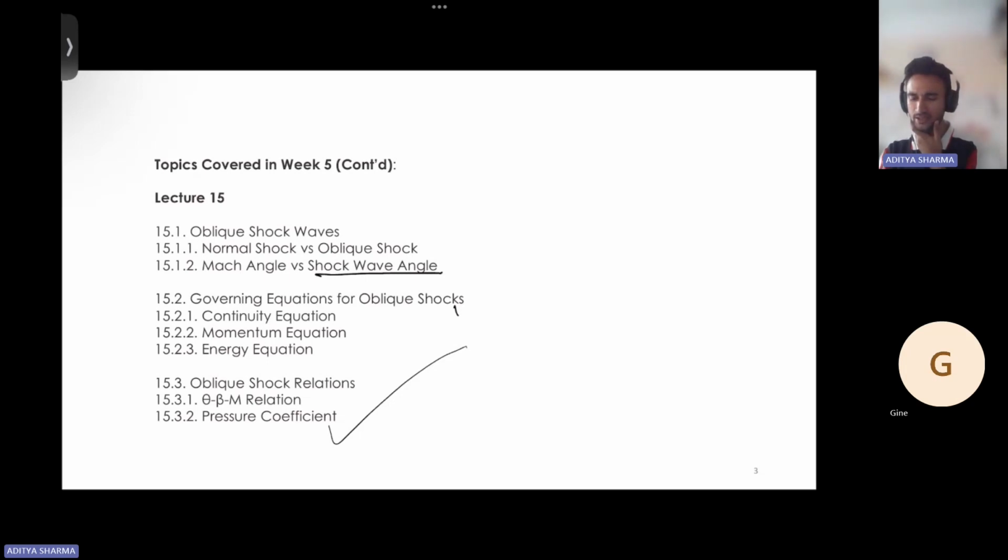I didn't discuss governing equations because, as I just said, we have a numerical in line based on these oblique shocks, so I'll discuss that at that point only.